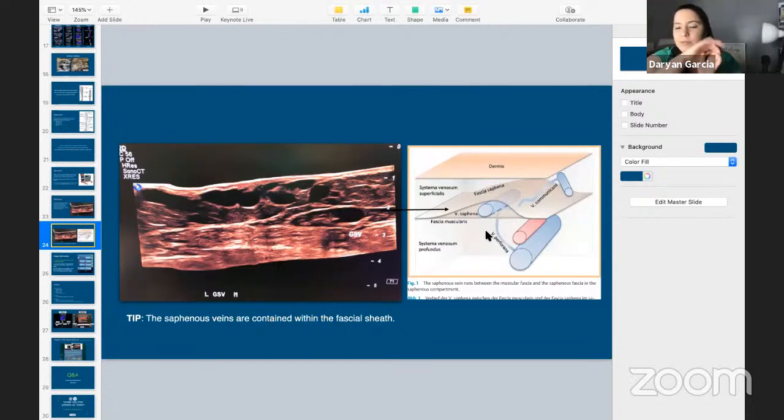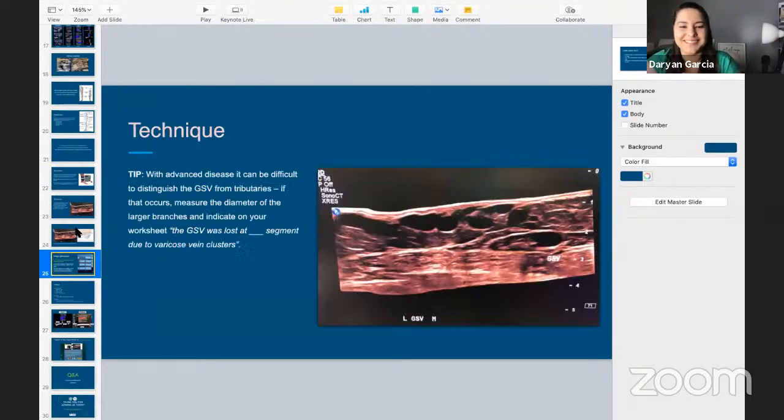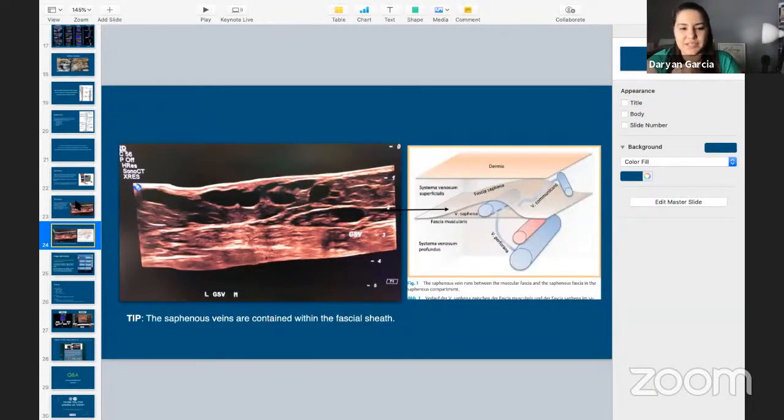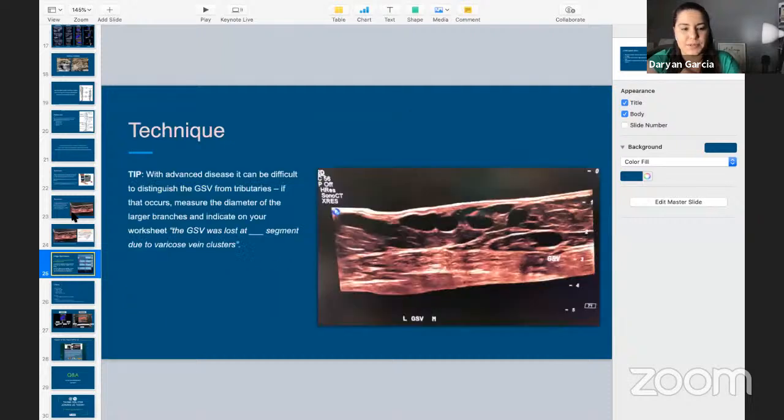Anything that's within the subcutaneous fascia is either another branch, or just a varicose vein or anything else, but it's not the GSV. So make sure that you're measuring the right thing when doing this part of the test, okay?